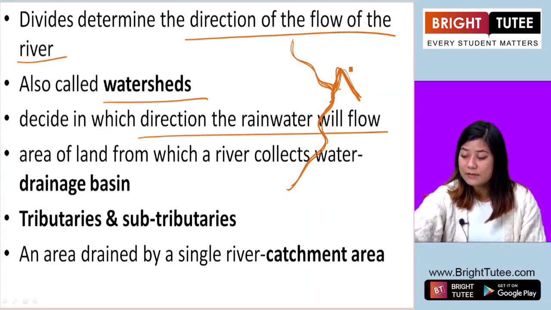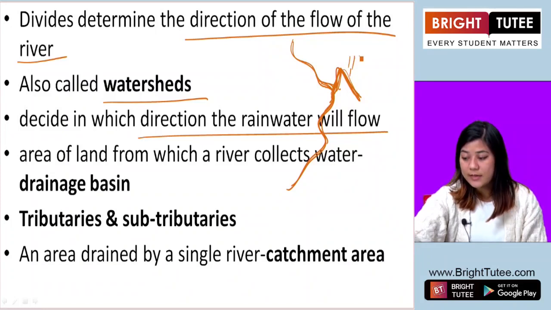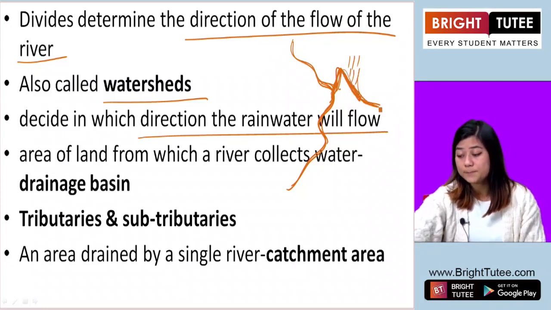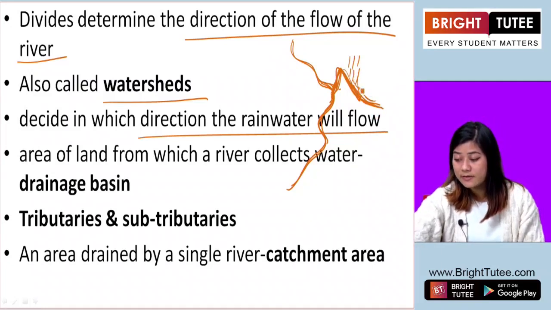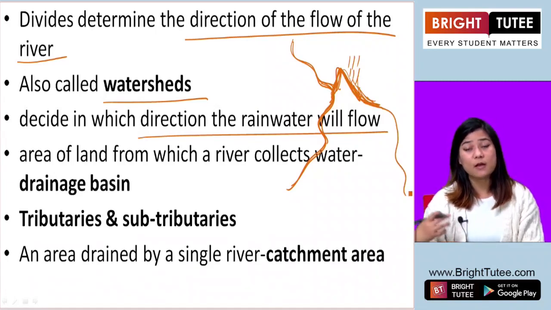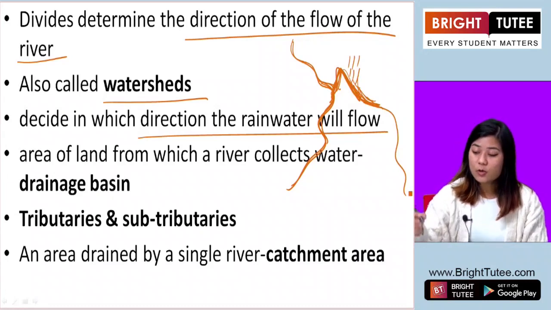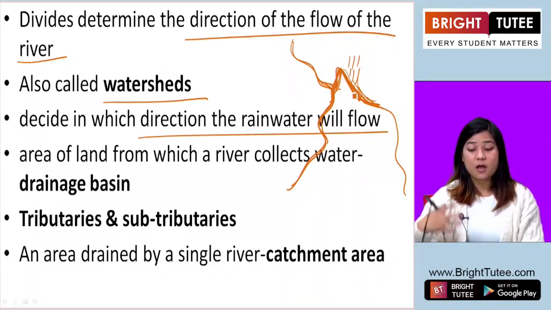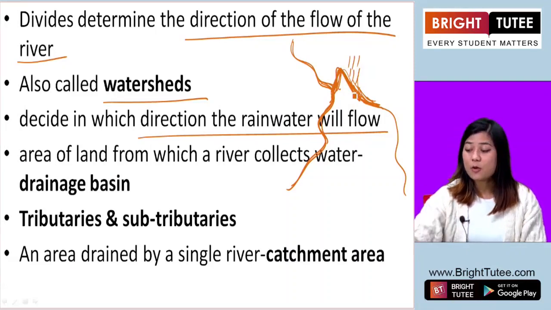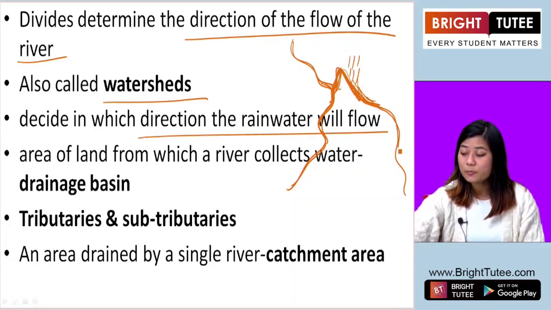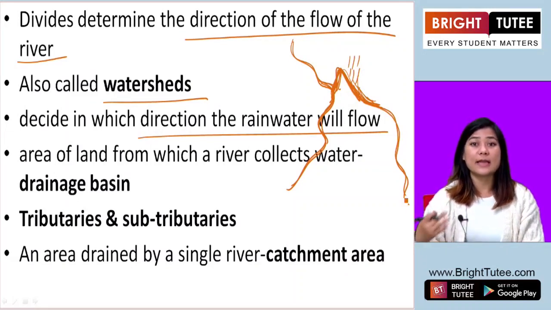For example, if it rains on this side, this portion of the hill collects the rainwater and from here a small stream can flow. So what we can understand is that these water divides or watersheds also determine where the rainwater will be collected and from where the river can flow.